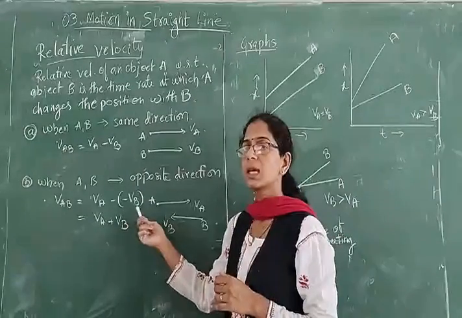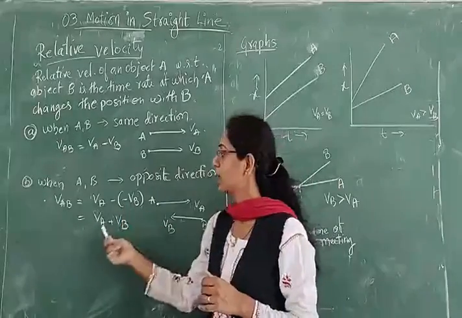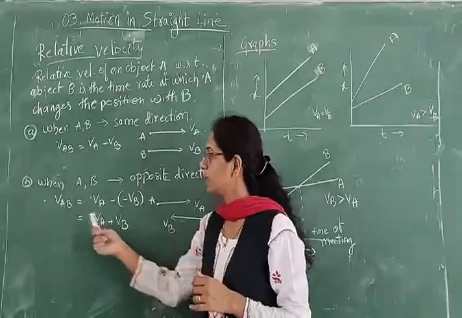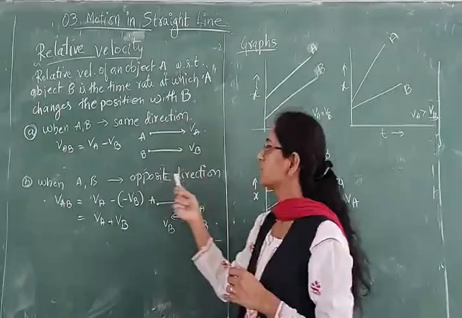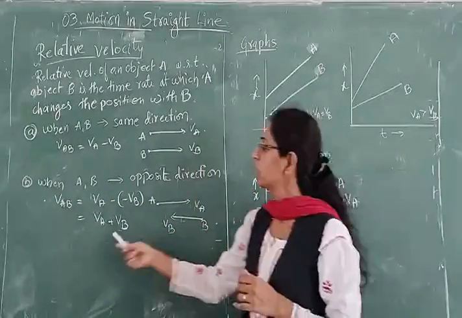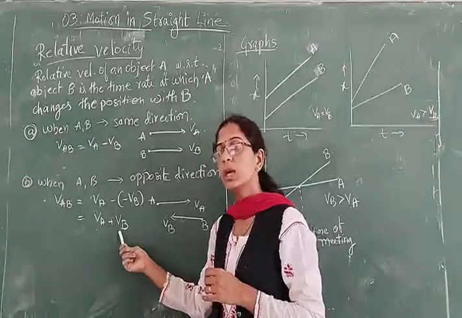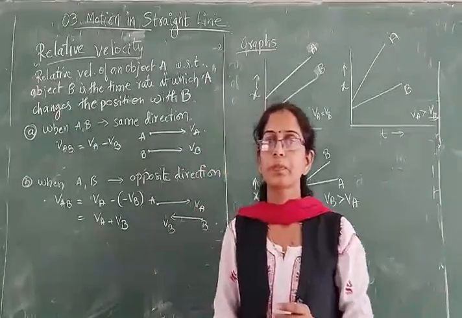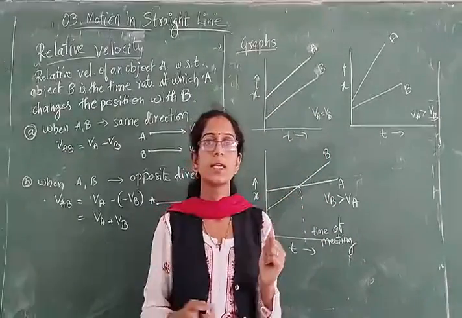The velocity of the second will be taken to be negative. Therefore, minus of minus VB will become plus VB. Thus, relative velocity of A with respect to B, when they are moving in the opposite direction, is equal to VA plus VB. Clear?